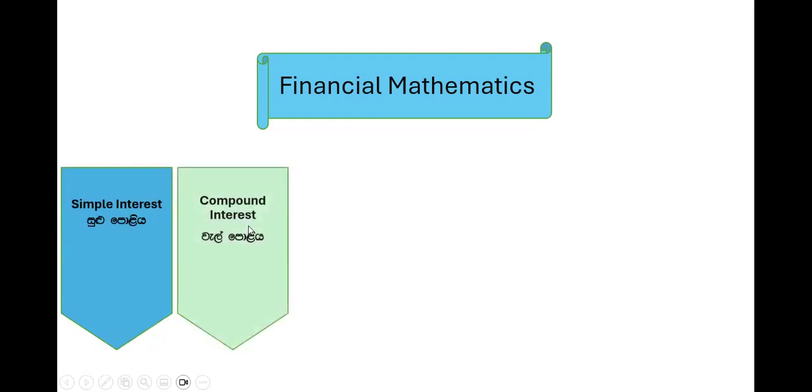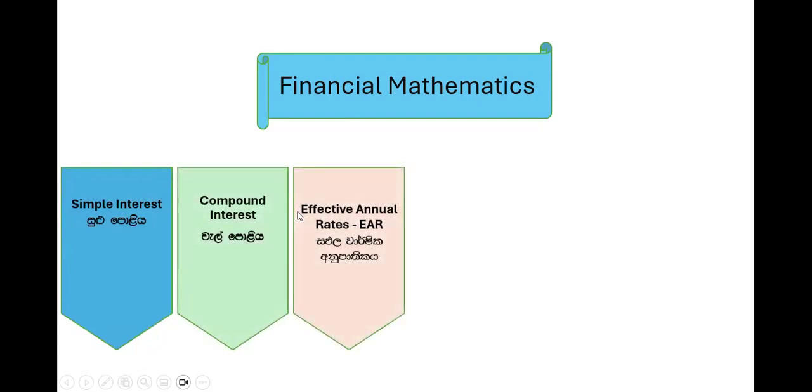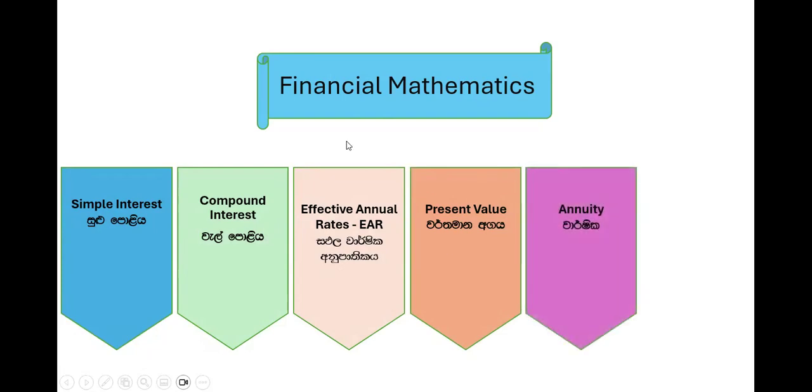Also, the financial maths part is difficult for a lot of students. What is the reason? This topic has so many subtopics. What are those? Simple interest, compound interest, effective annual rate, present value, annuity, and sinking funds.